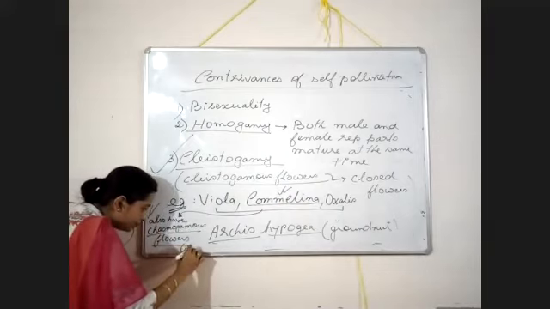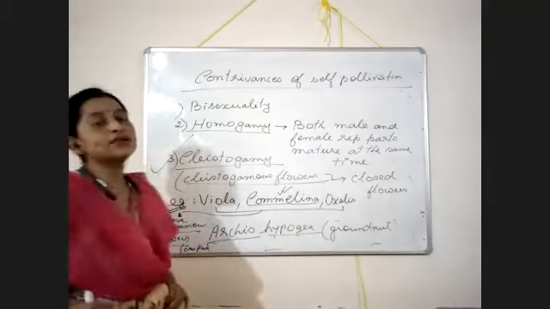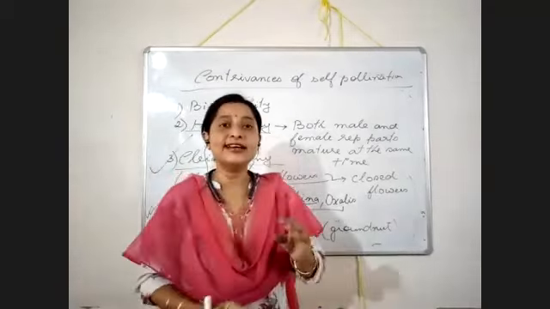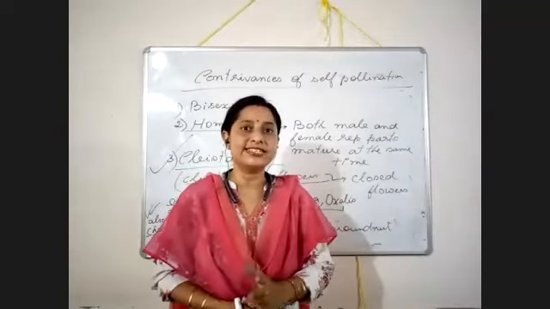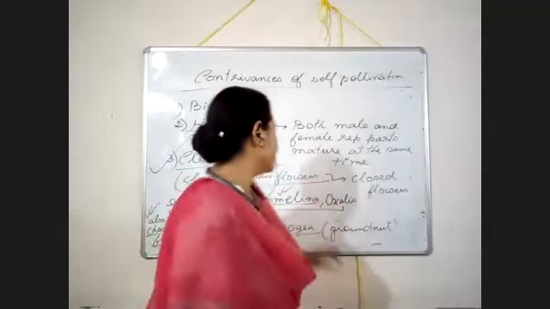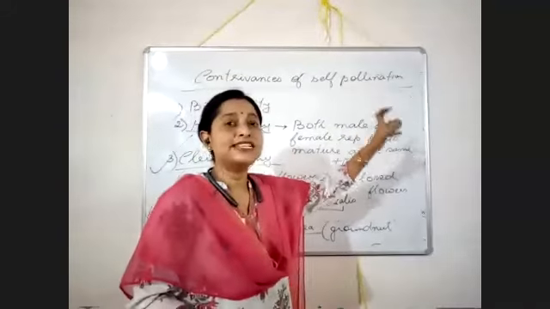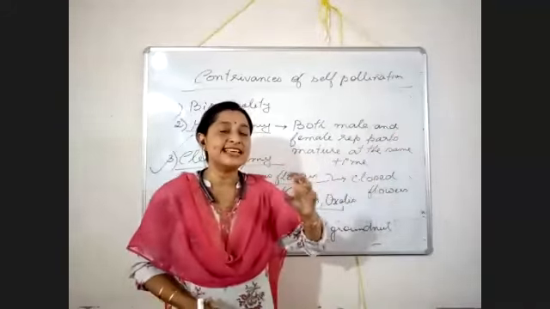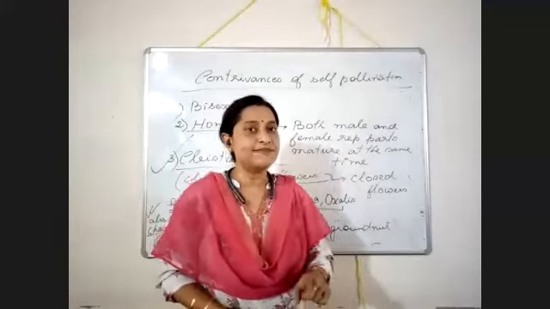Open flower. It is not that all flowers will be closed. Closed flowers will undergo self pollination, and if there are open flowers, they can undergo cross pollination. So this is the third factor. We are discussing certain factors that help in self pollination. If these factors are present, then self pollination will happen.